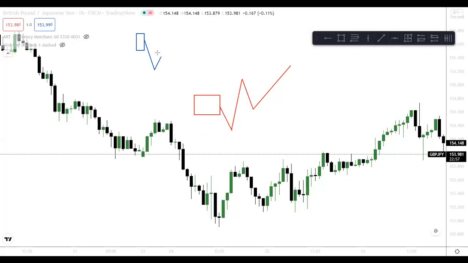If the market structure was bearish before the reversal point, it should have some sort of bearish market structure. And we already know what that looks like: lower highs, lower lows, lower highs, lower lows, all that good stuff until we get to this range. Once we get to this range, then what? Here's the range. Here's that sweep below the range.